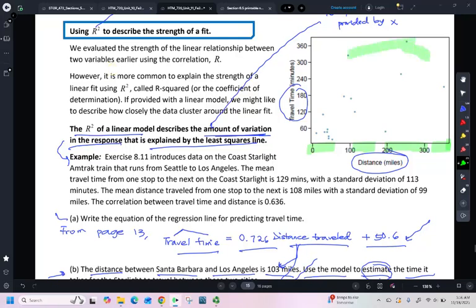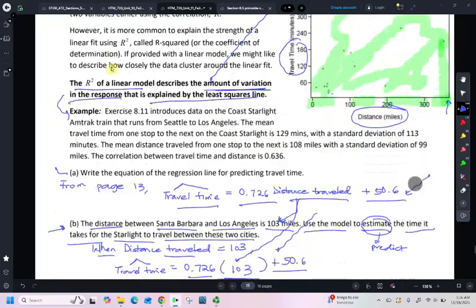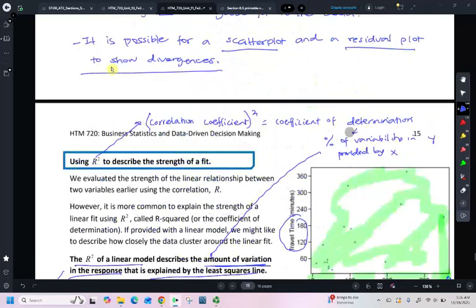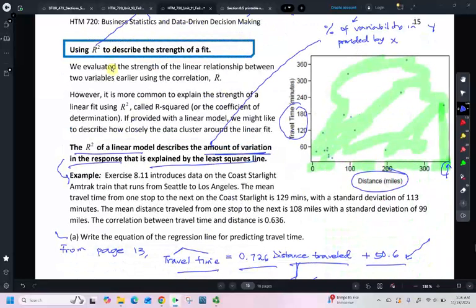The data points that were used to fit this linear model seem to only account for as far as maybe close to 400. But the value we want to make a prediction for is for 500 miles. That is way above 400 miles.